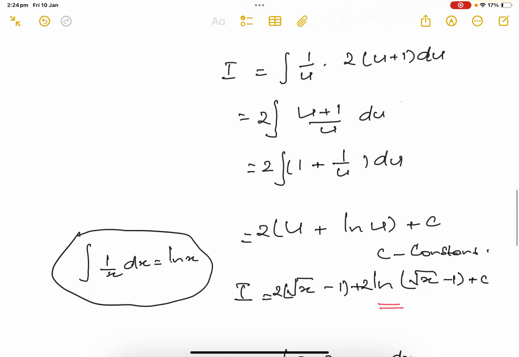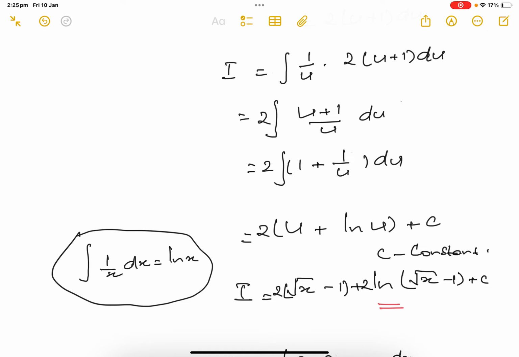Then with further simplification, 2 times the integral of 1 plus 1 over u. So 2 times the integral of 1 is u, plus the integral of 1 over u is ln u, log to the base e, plus c, the integration constant.